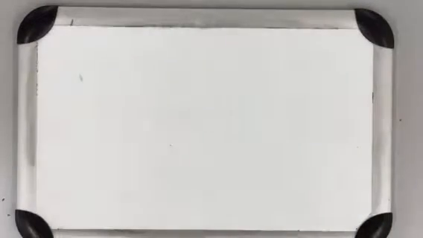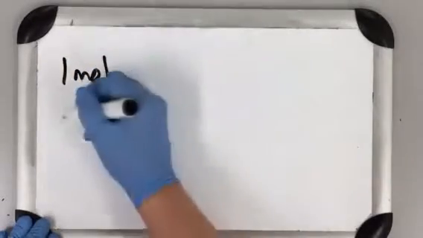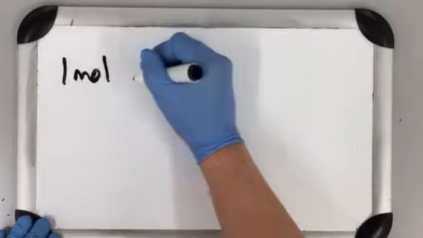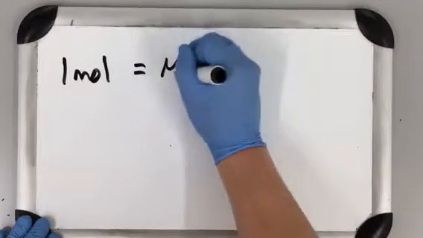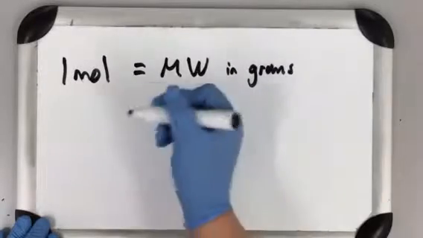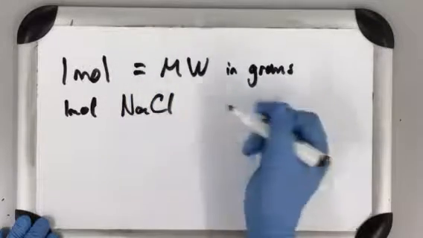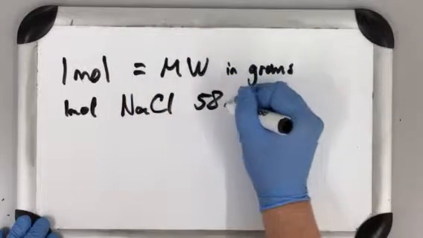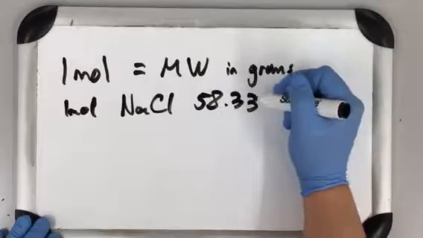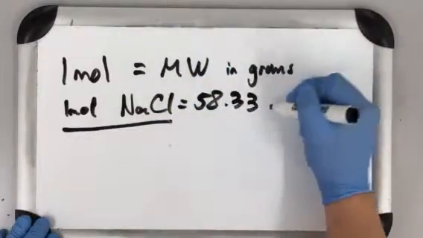Okay. And remember that 1 mole of substance has to do with Avogadro's number and how big the actual chemical is. So 1 mole of substance equals the molecular weight in grams. So 1 mole of NaCl, which weighs 58.44, I think, something like that, equals the molecular weight in grams.